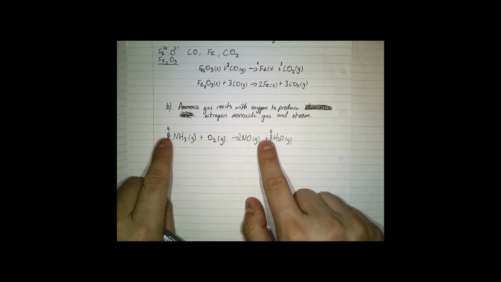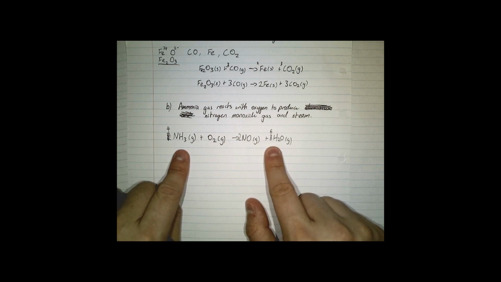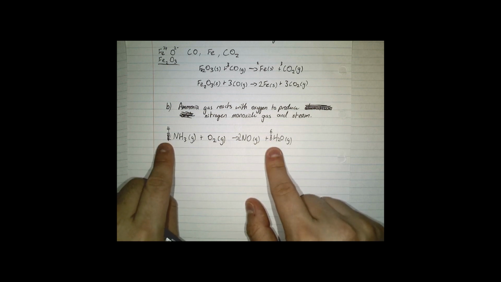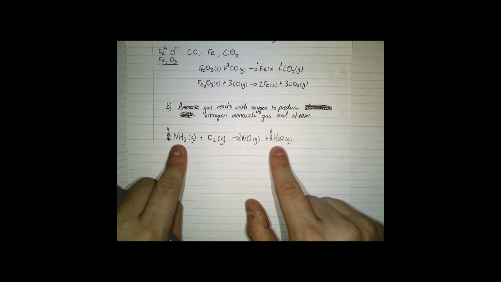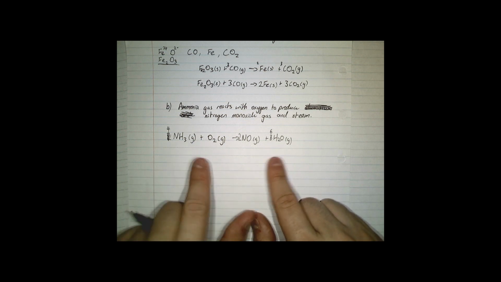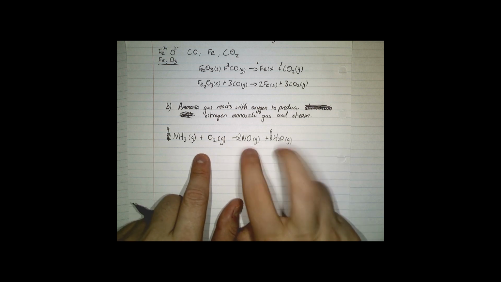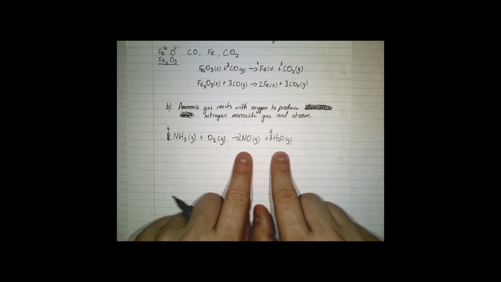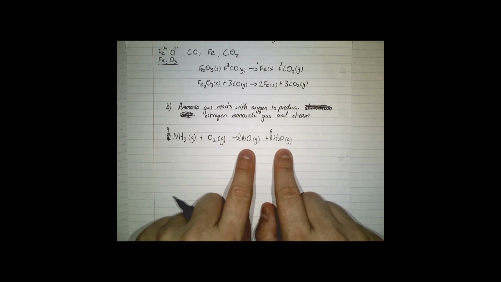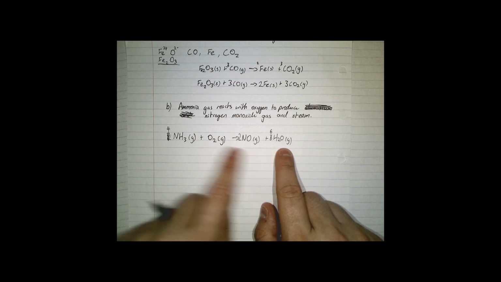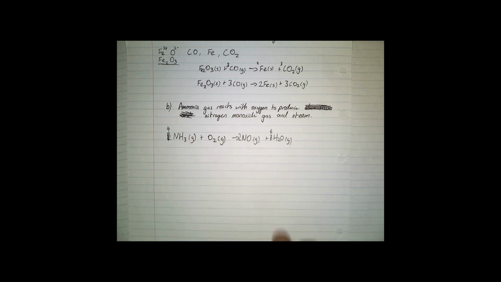So I'm continuing to balance out the hydrogen here, and I'm just doing that by doubling the amount of ammonia and water that I've got. And what that's going to mean is once I balance everything out in a minute, I should hopefully end up with an even amount of oxygen here, which is very easy to balance out at the end.